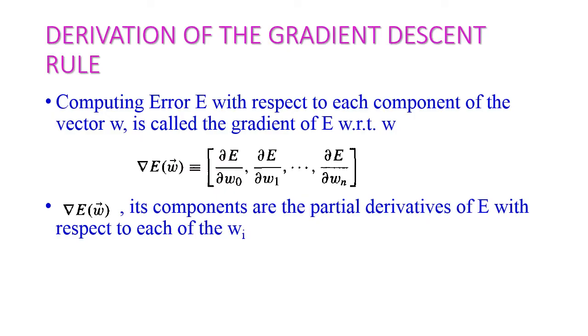And now let us see the derivation of the gradient descent rule. Here we need to compute the error E with respect to all the components of the weight vector. For every input we have a corresponding weight.